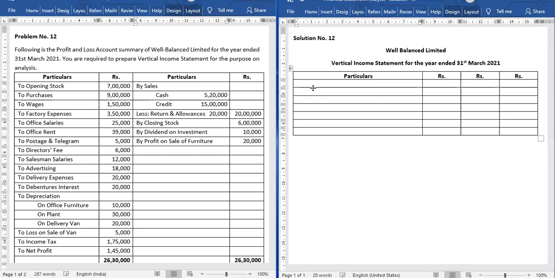First tab is sales, gross sales. First one is cash transaction and second one is credit transaction. Cash transaction 5 lakh 20,000.